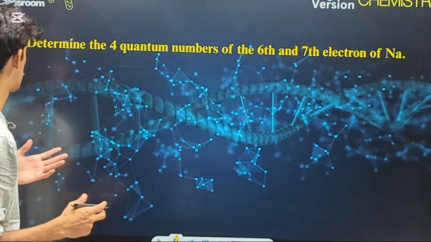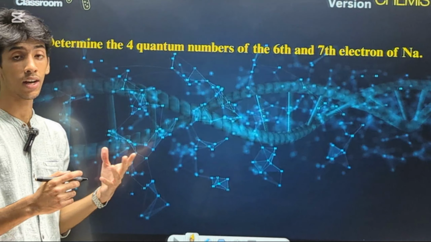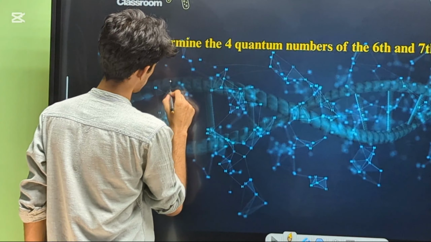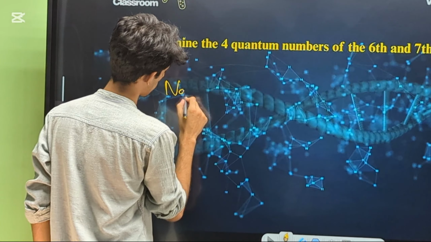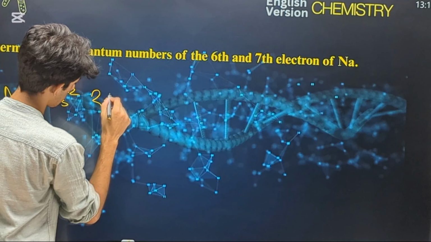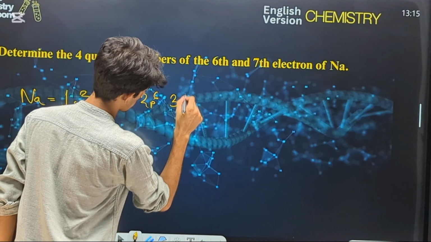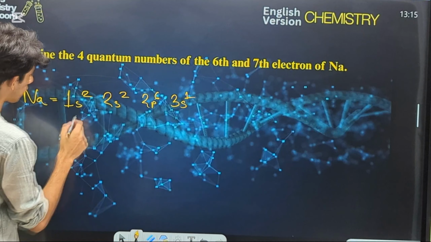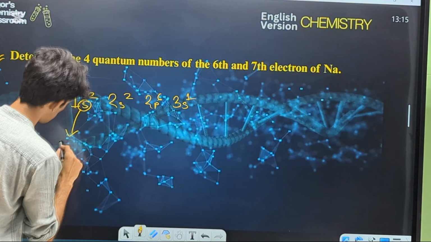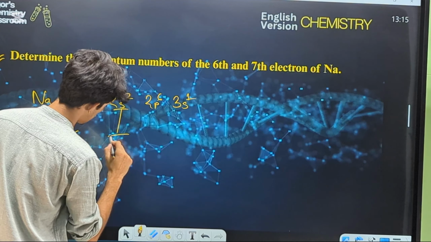Before solving this question, we have to write the electronic configuration of the sodium atom. For the s suborbital, the division will be this, and for this it will be the same.